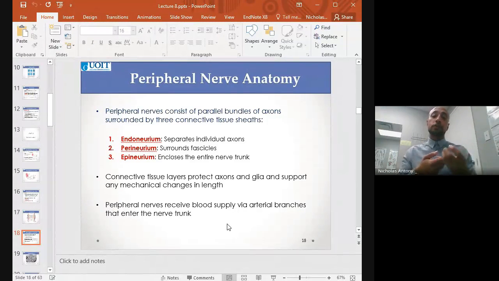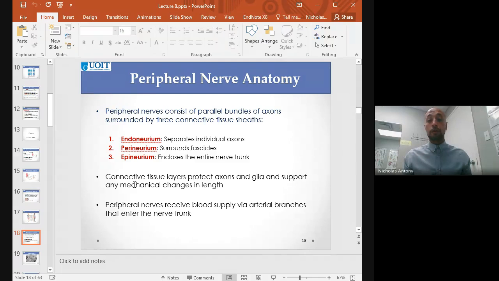You need the connective tissue to take the tension, so none of the tension goes to the axons. Because if the axons are getting pulled, we're going to lose the channels, or it's going to affect conduction, right? Remember, the whole point of the neurological system is to send a signal from one area to another. So it's super important that the tension goes to the connective tissue layers and not to the actual axons in the nerve.